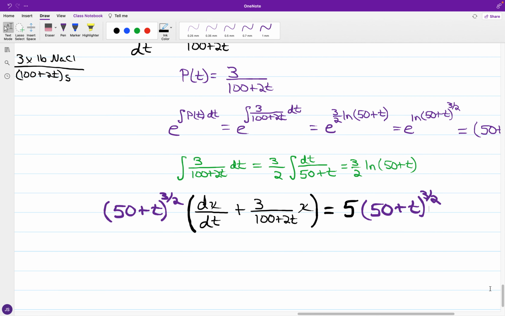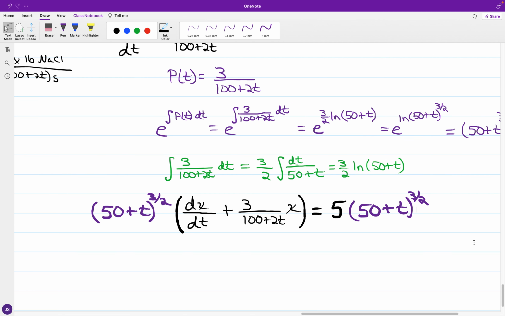So for what we have on the left-hand side, regardless of whether I distribute or not, we'll have the terms end up being the product rule expansion of taking the integrating factor, which we have with a quantity of 50 plus t raised to the 3 halves, times the dependent variable, which we have, x.